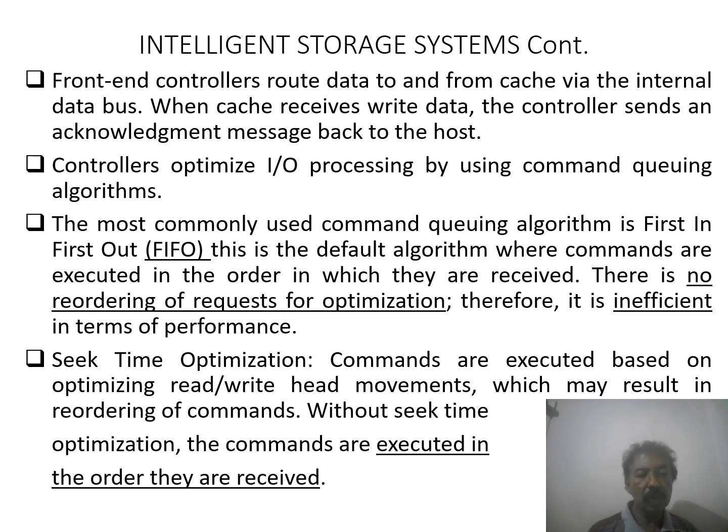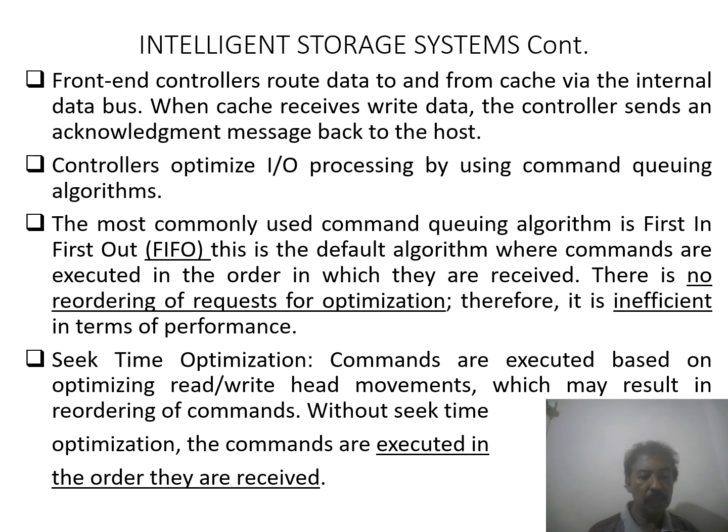In this, no reordering of requests or optimization is done. It is inefficient in terms of performance. In seek time optimization, commands are executed based on optimizing read-write head movements, which may result in reordering of commands.